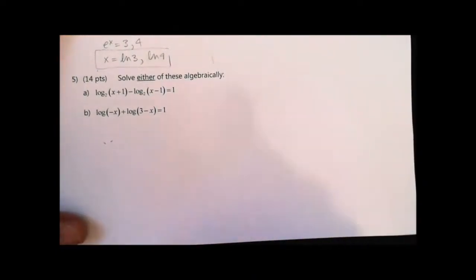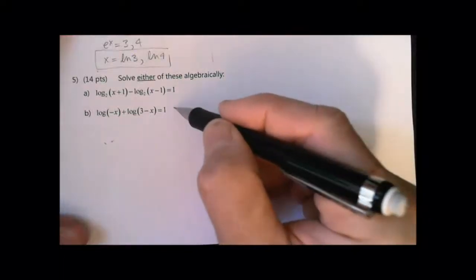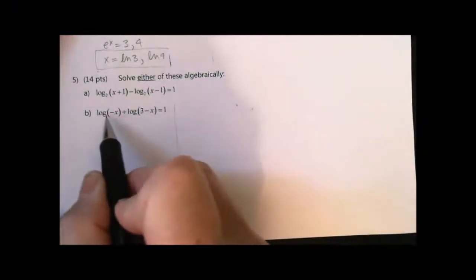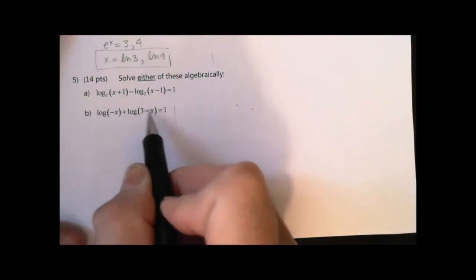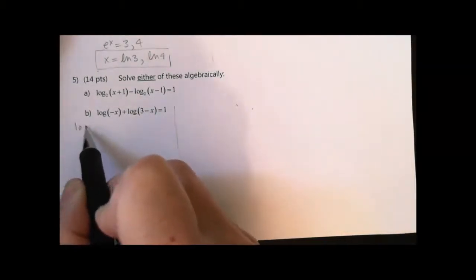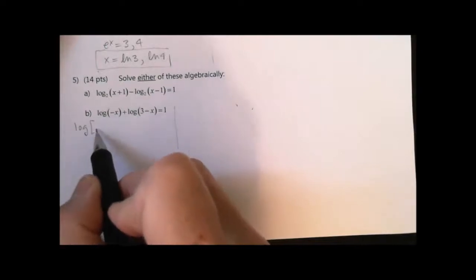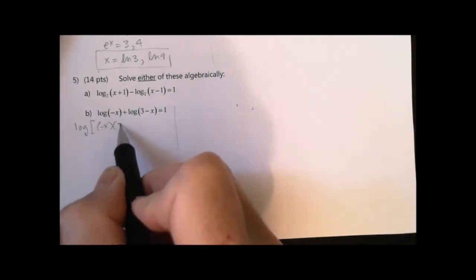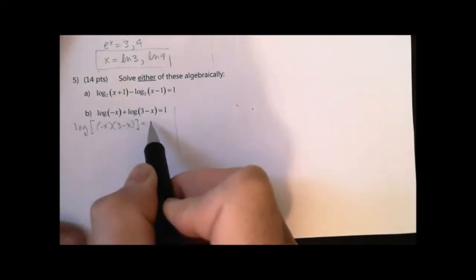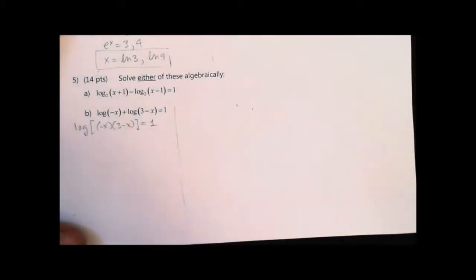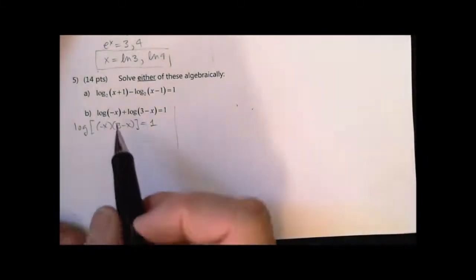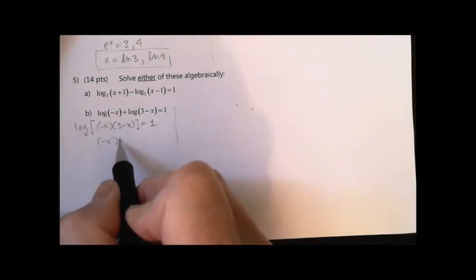These next ones, again, here are some logarithmic equations, and I'll do this one first. Here we have log base 10 plus log base 10 equals 1, and we know we can write that as the log of the product, minus x and 3 minus x, equal to 1. And so now we can change this to an exponential equation.